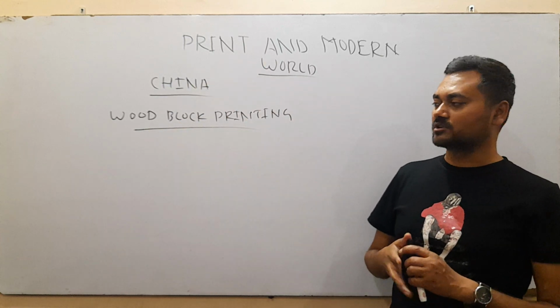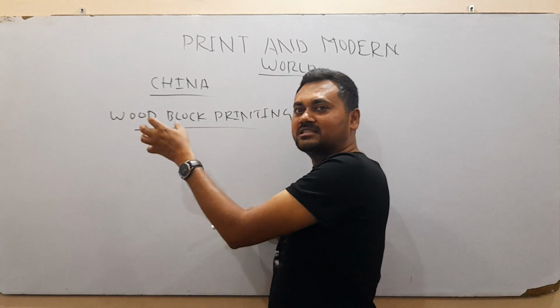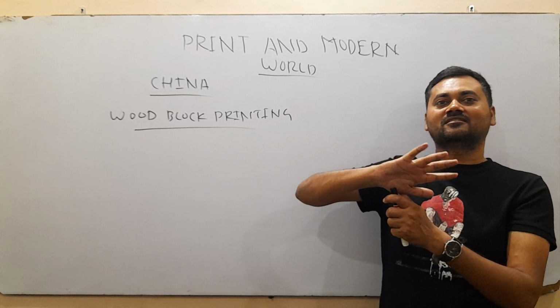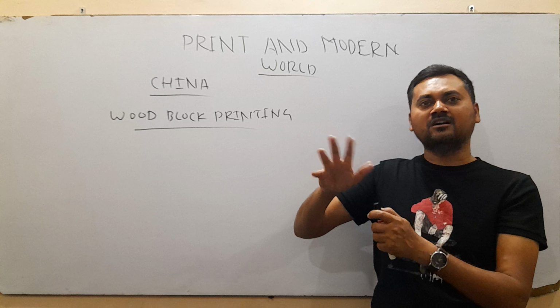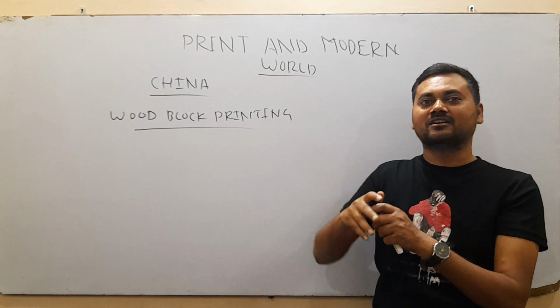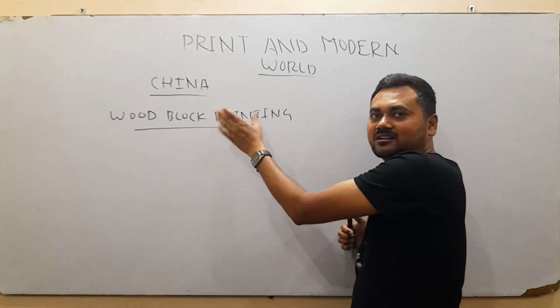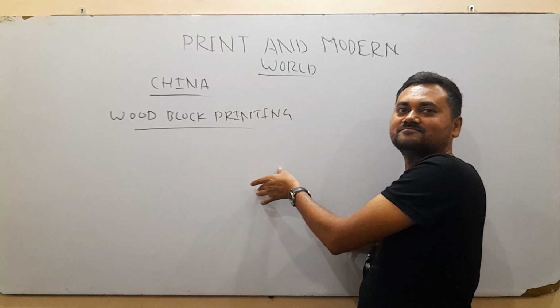So what were they doing? They were carving whatever they wanted to. There is a piece of paper and you want to spread a message of Buddha or the picture of Buddha, message plus picture. So first you have to carve on this board the image of Buddha and the written material.